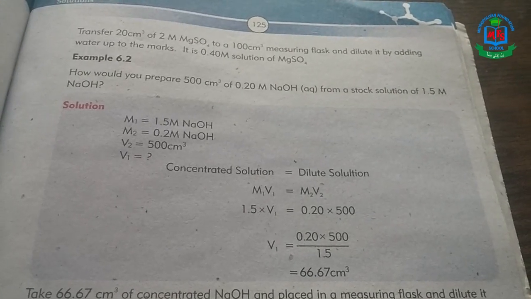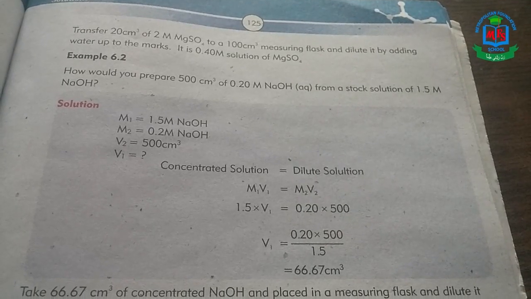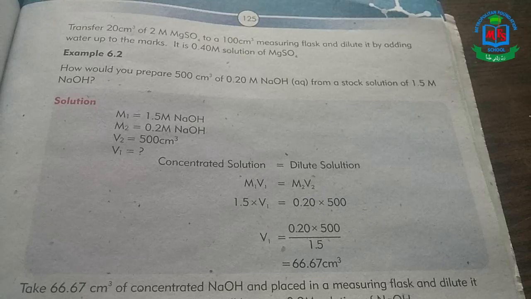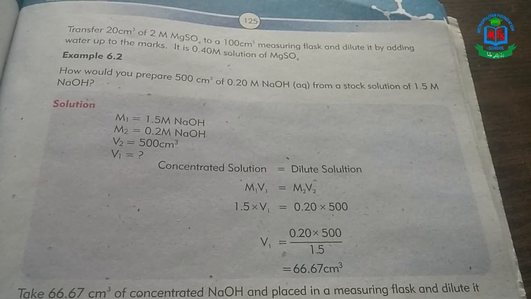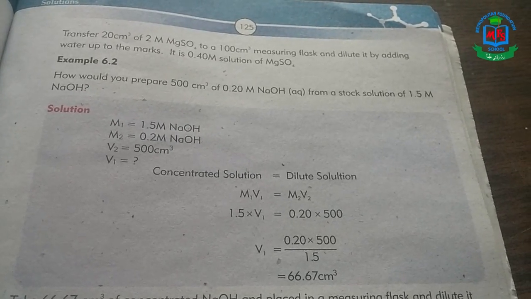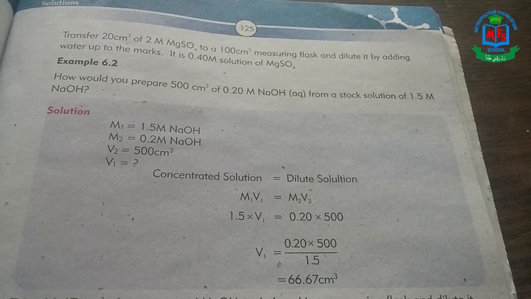First of all, we put the values in the formula and we get the value of V1. The value of M1 is 1.5, so below M1 we write 1.5. V1 is what we can find, so we write V1 as it is.